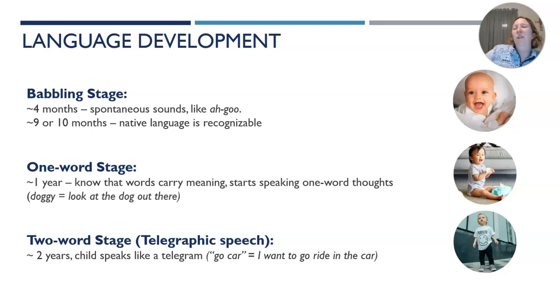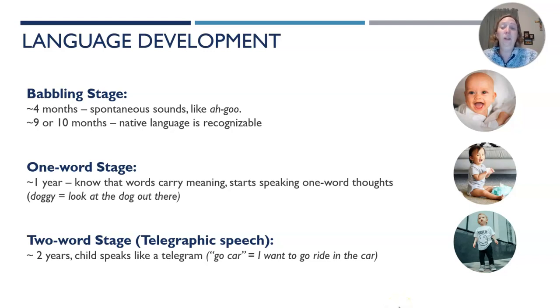Okay, around 4 months old, babies start to make spontaneous sounds. Sounds like ah, goo, bah. And sometimes we fool ourselves into thinking that they're actually trying to communicate something or that it means things like mama or dada, but that's a little early for that. Usually by 9 or 10 months old, the sounds that they make can be identified as either English, Spanish, French, or whatever it is that is the baby's native language.